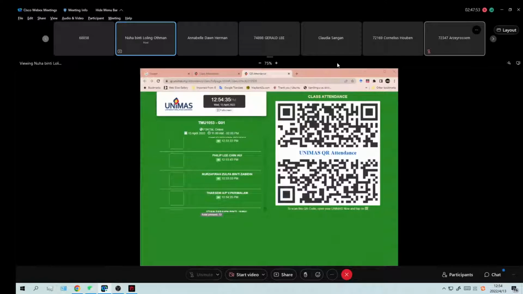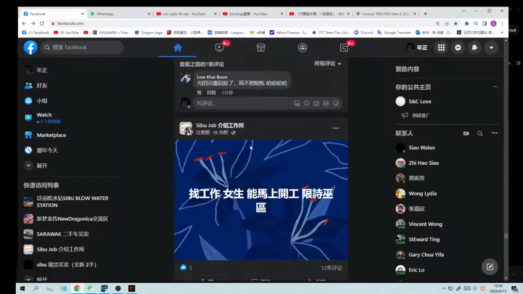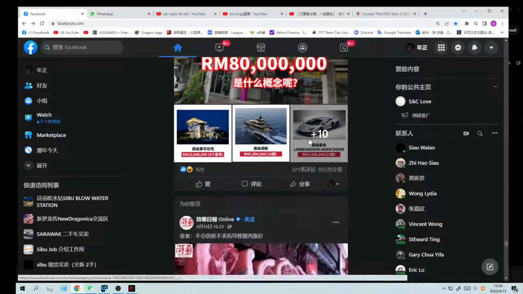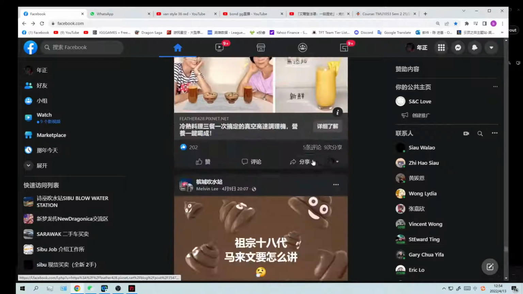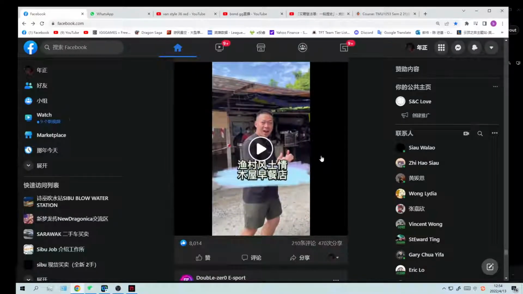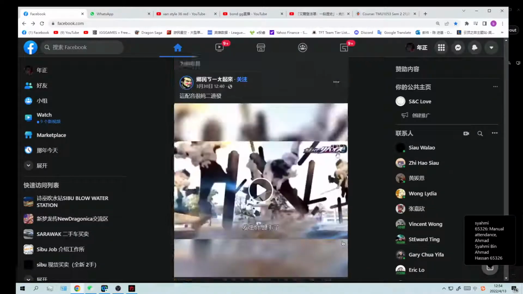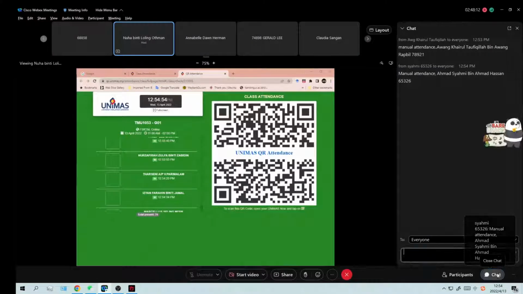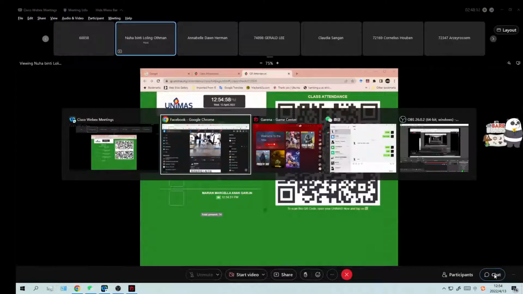If you send me Word, Word is also okay actually, but what happens if you or I accidentally press something and it gets deleted? Your answer disappears. So that's why I want you to scan and give me in PDF form.